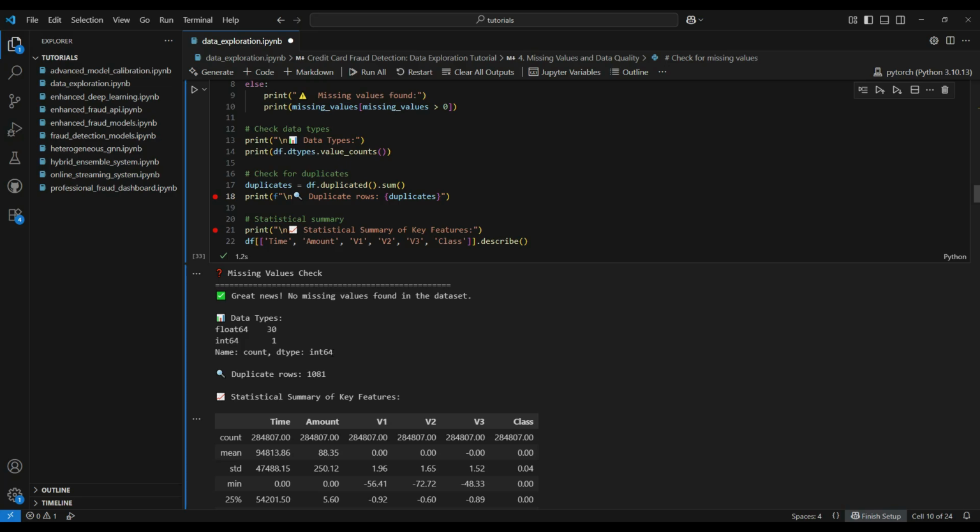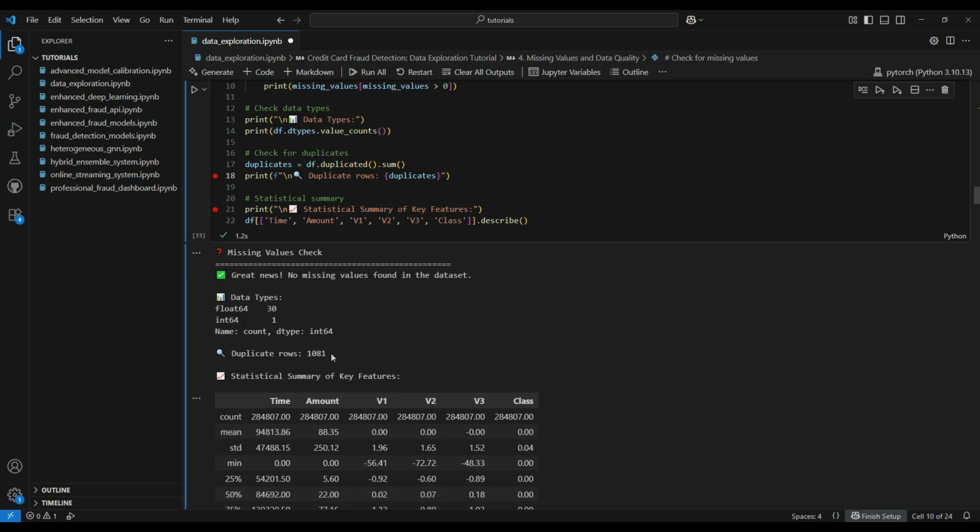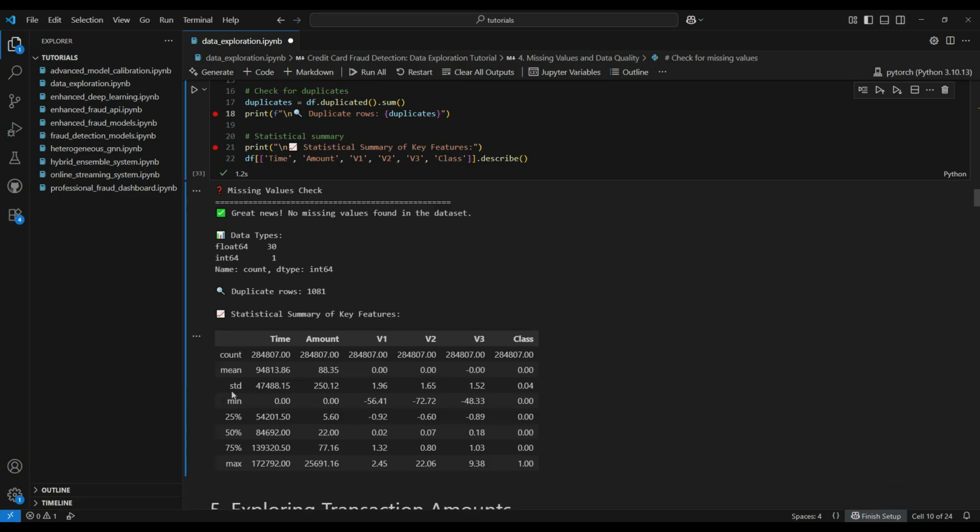That's our class. We do have 1081 duplicate rows. That's actually fine in this case because people do make identical transactions. Think about buying the same coffee every morning. The describe output shows distribution statistics. Notice the mean of class is essentially zero because fraud is so rare, it barely affects the mean.